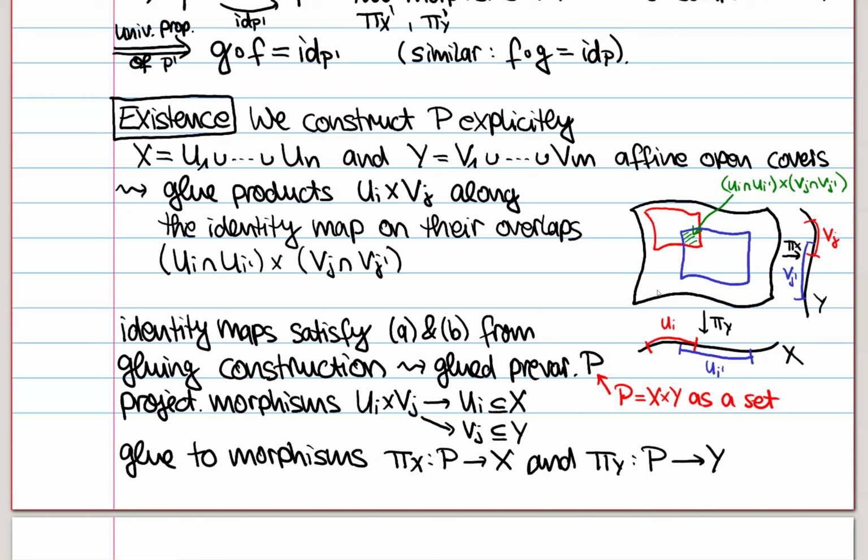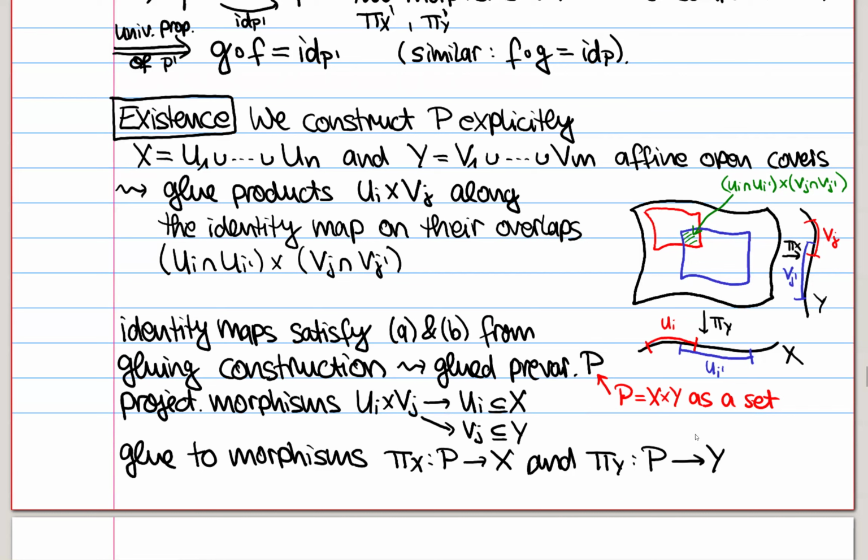And if you compose two identity maps, you get an identity map. So these were these conditions A and B that we needed for the general gluing operation. And so we do get a glued pre-variety P, which is given by just X cross Y as a set.